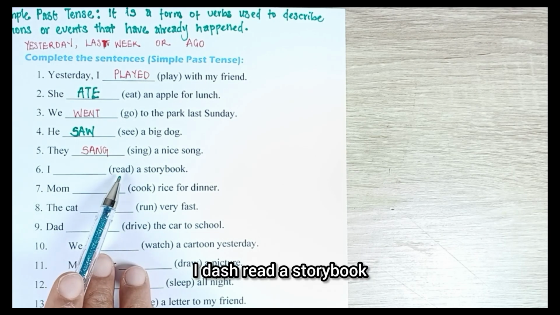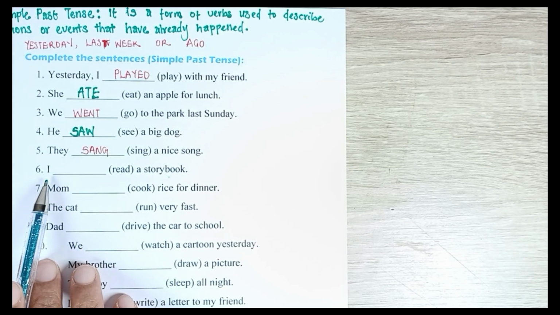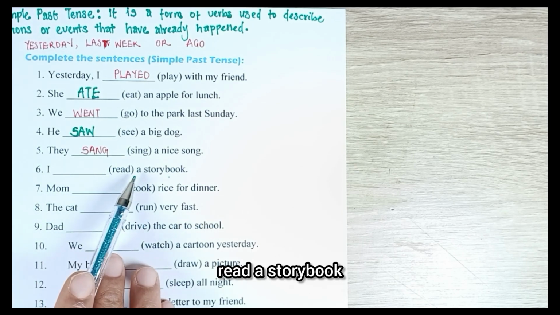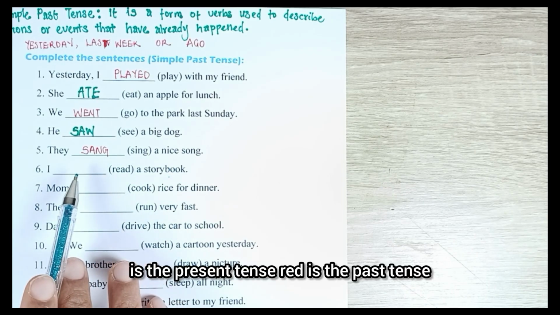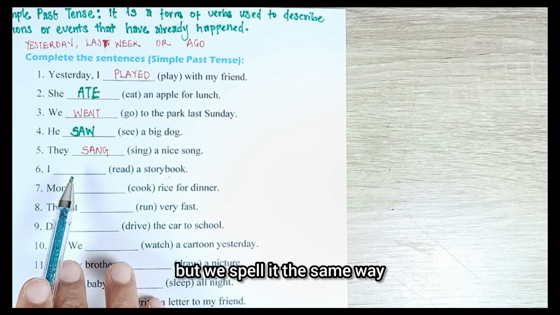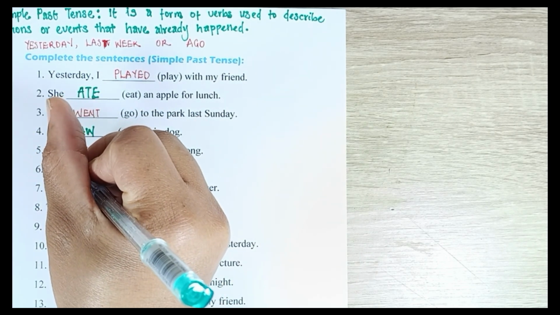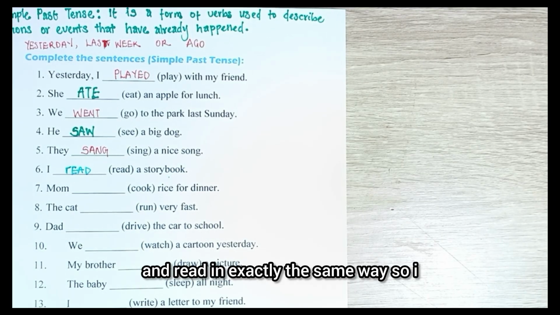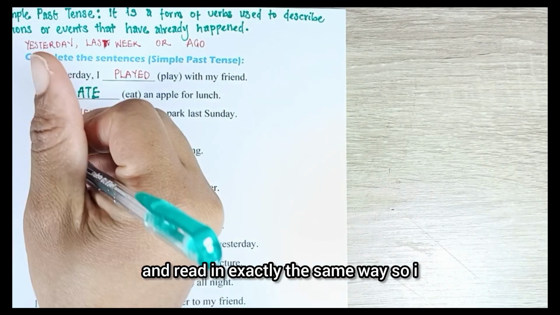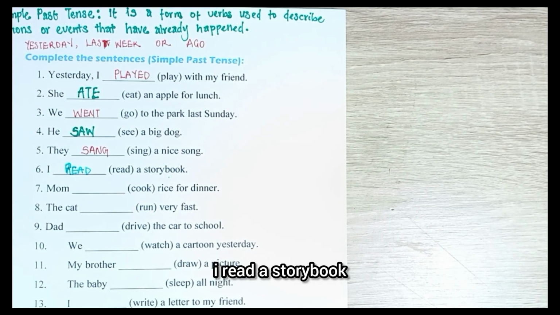I dash read a storybook. I read a storybook. Read is the present tense, read is the past tense, but we spell it the same way. We spell read and read in exactly the same way. So I read a storybook.